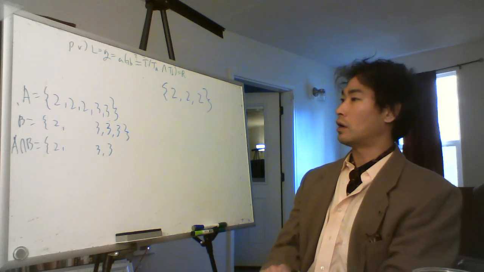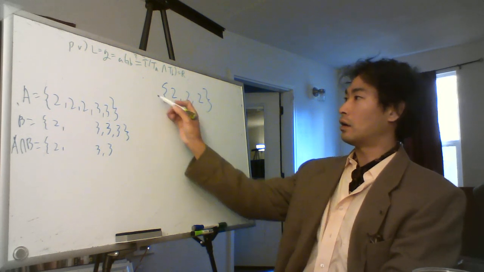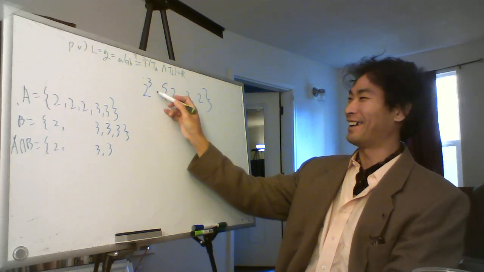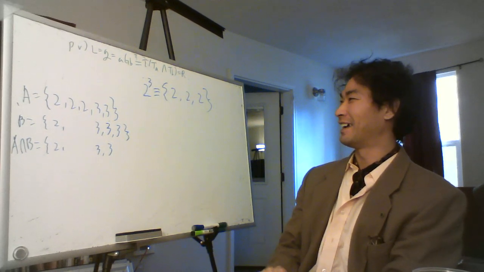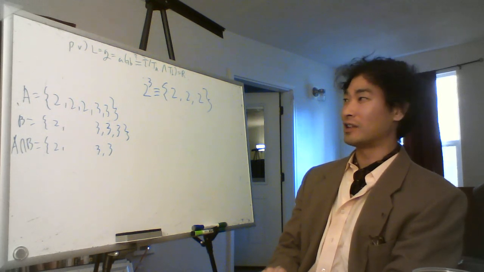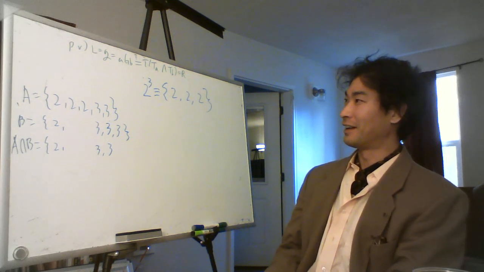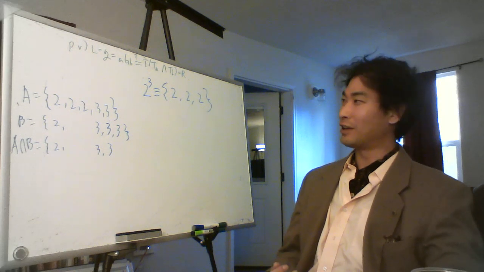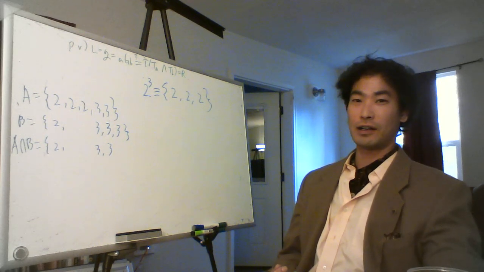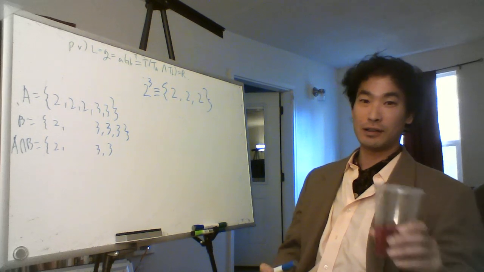So we gotta come up with a very nice handy-dandy notation, all right? How about two to the third? I think this is a good notation. Okay? Because in number theory context, that's what it is, right? It's two to the third.